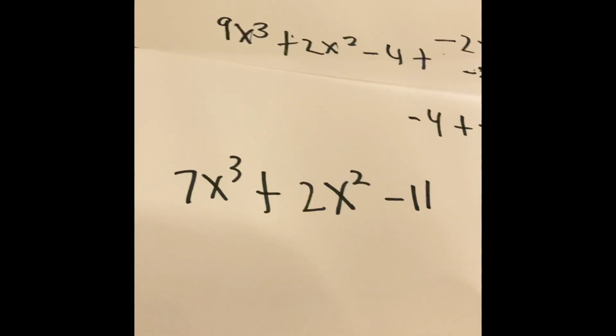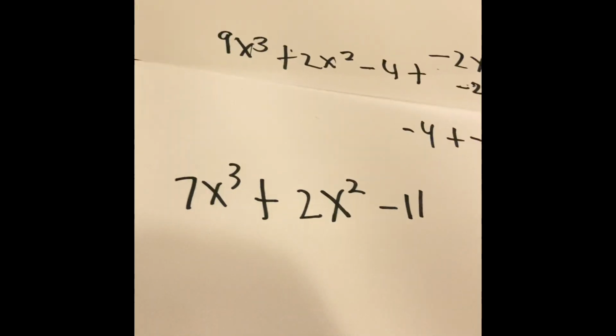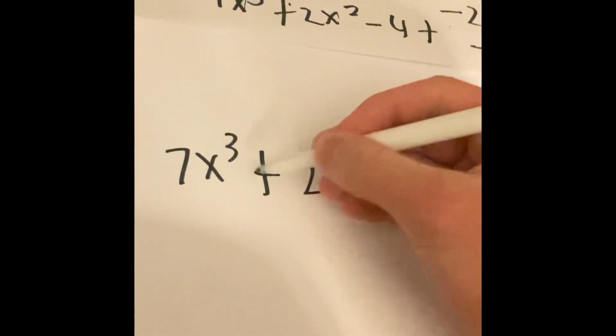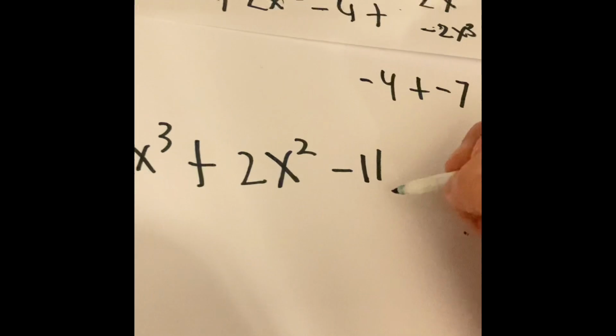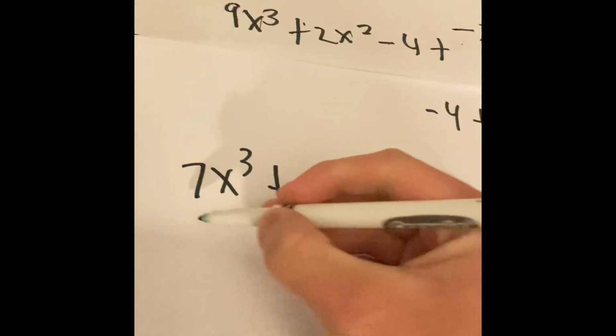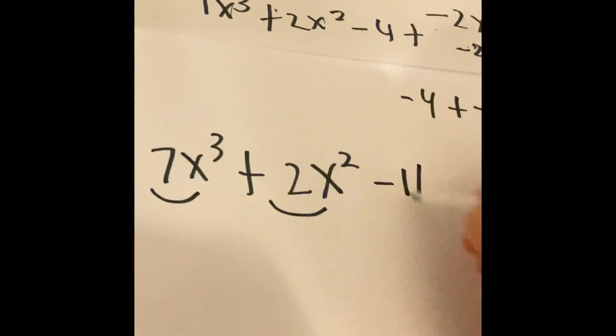So here we have it in standard form: 7x cubed plus 2x squared minus 11. That is our answer, and that has 3 terms.